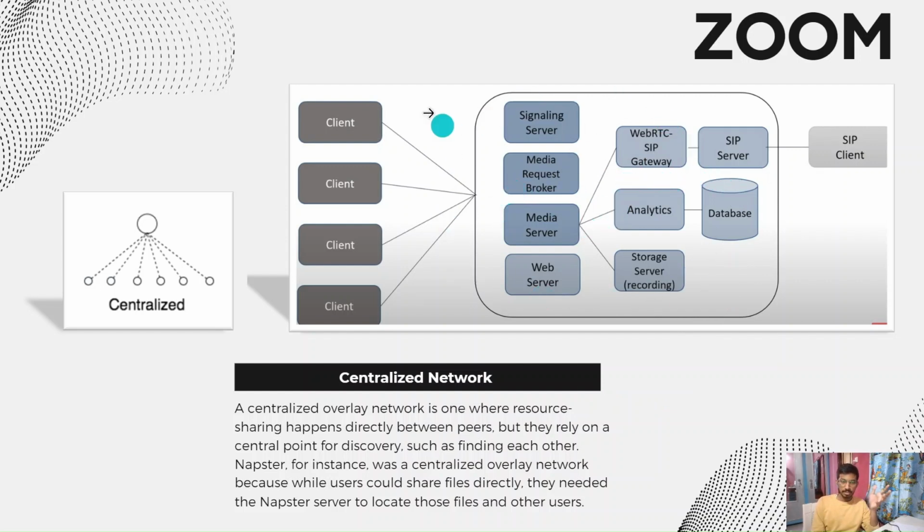When we join a meet, we get connected to this SFU. Then we transfer our audio and video streams to the SFU. I'm just talking in very layman terms. The SFU takes our video and audio streams, combines them into a certain packet, and then broadcasts it to all the participants of the meet.